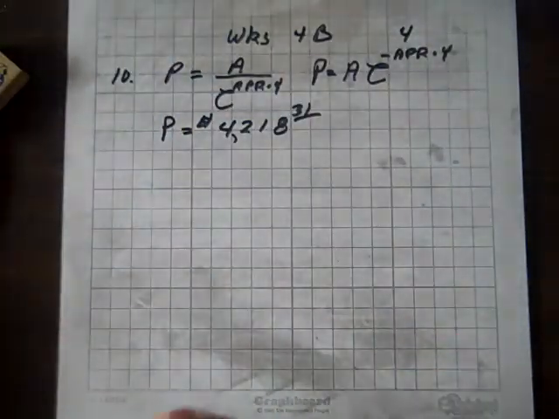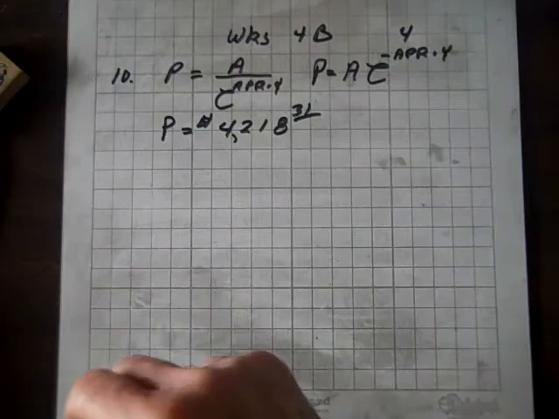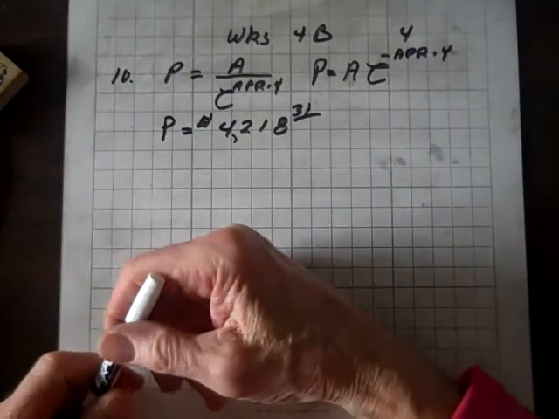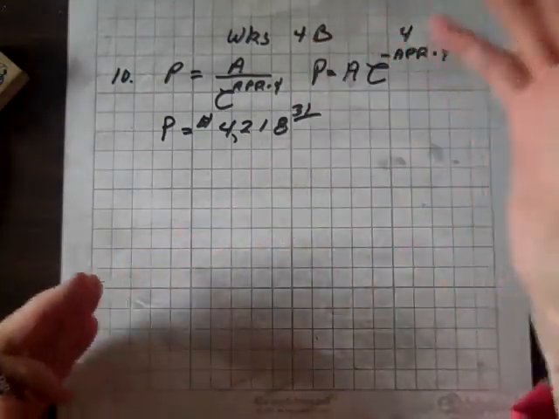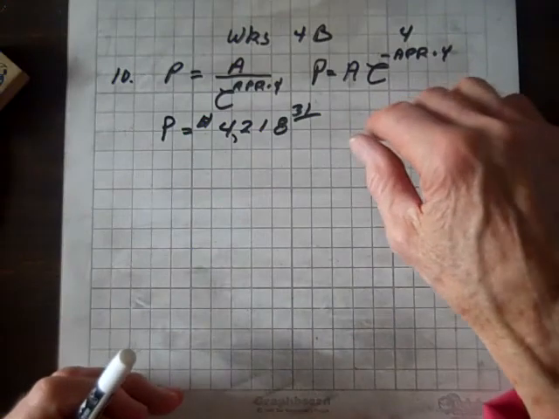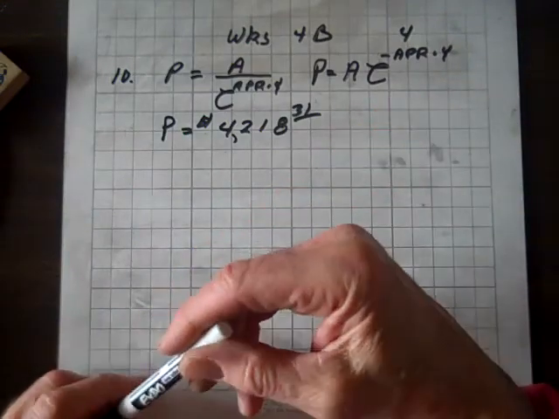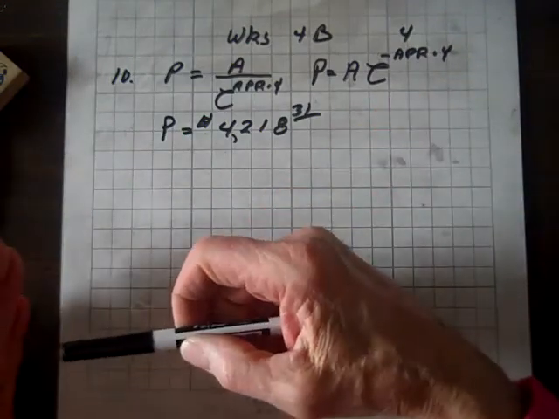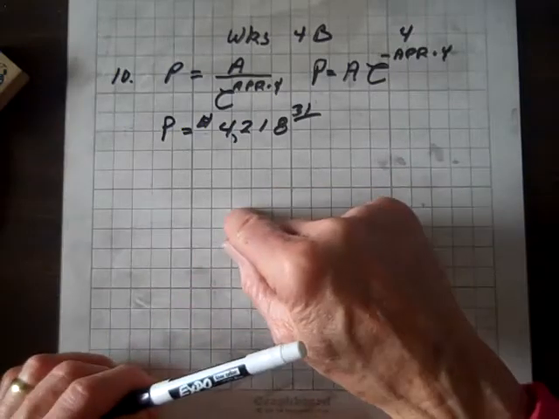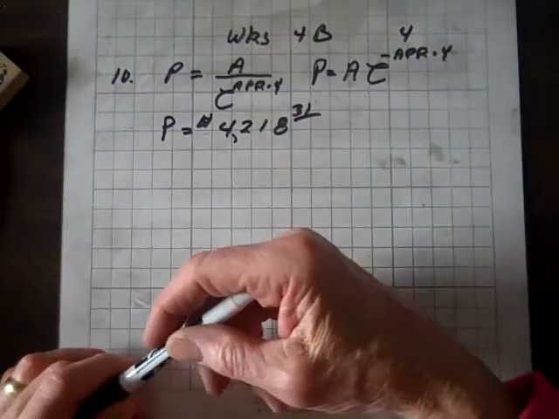So, for question 10, this time we're talking about continuous compounding, and they always have to tell you whether it's continuous compounding or finite compounding. So it's not like you have to guess. When they say continuous, you must use e.